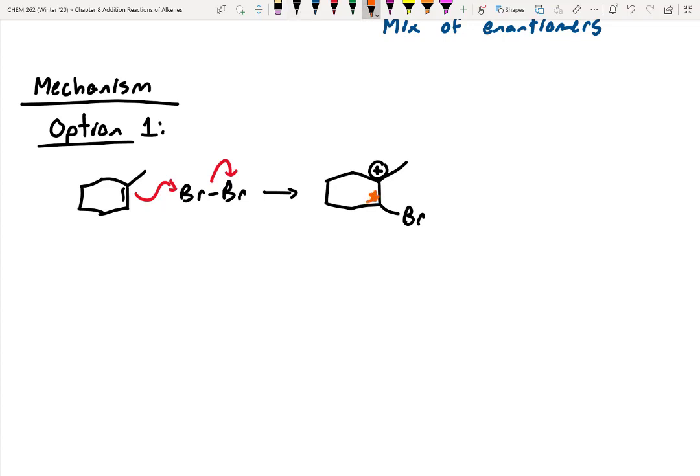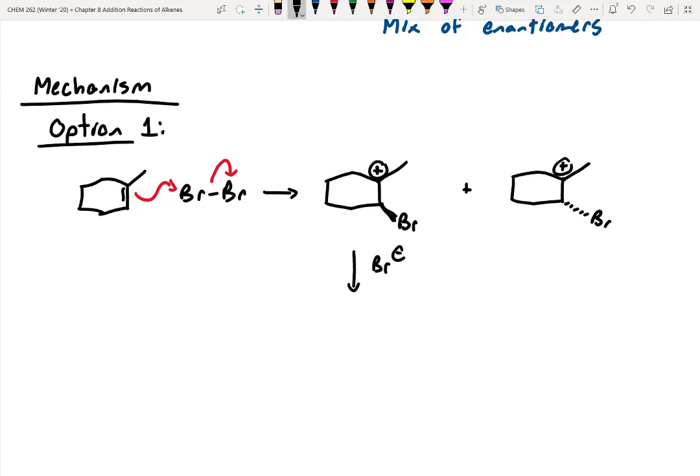So who's to say that that bromine's a wedge or a dash? We might get either. So let's keep that into account as well. So let's say we get a 50-50 mix of bromine here, plus bromine as a dash. So we've got a mixture of enantiomers right now.